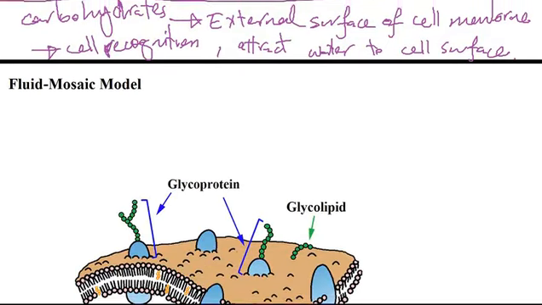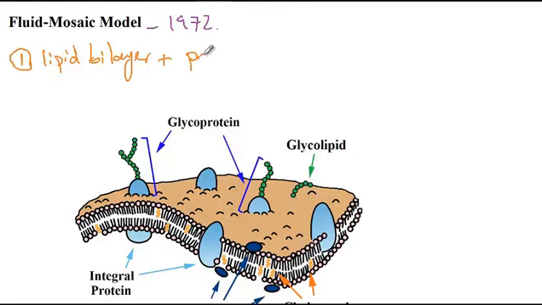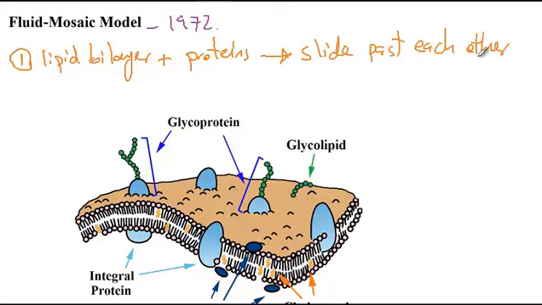All right. Now that we've described different components of a cell membrane, we can go over the fluid mosaic model. So basically this model was proposed in 1972, and this model states that the cell membrane is organized into a lipid bilayer and proteins that are able to slide past each other, which gives cell membrane a fluid characteristic, and so that's why it's called fluid mosaic model.